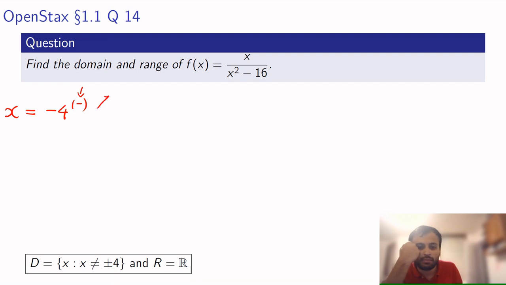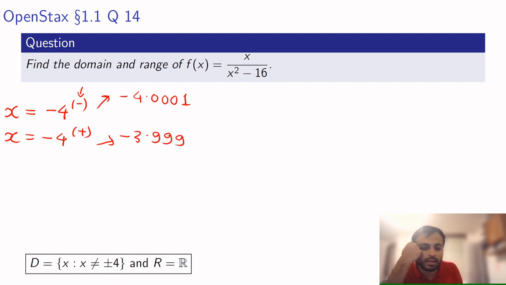A value like this could be minus 4.0001, something like that. Then we'll calculate f of x at a value which is slightly higher than minus 4, for example minus 3.9999, or you can just keep on adding nines here.